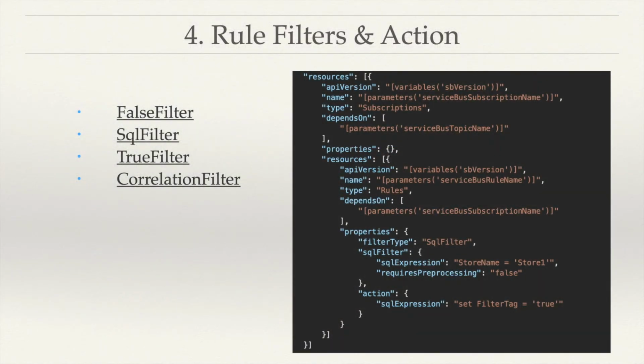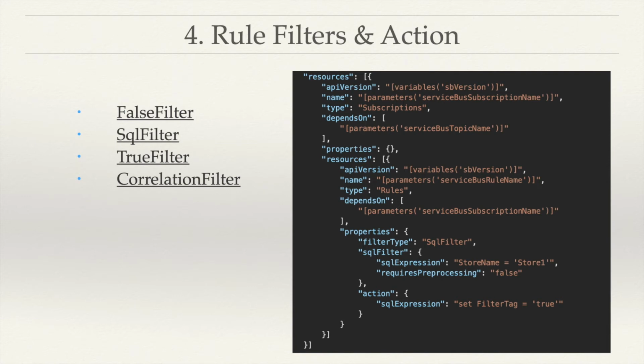So next we have the rule filters and actions. In Service Bus queues and topics, you have different filtration options. The filter options are false filter, SQL filter, true filter, and the correlation filter. So what is a false filter? A false filter specifies that whenever a condition is false, the message will be applicable to be received at the subscription level.